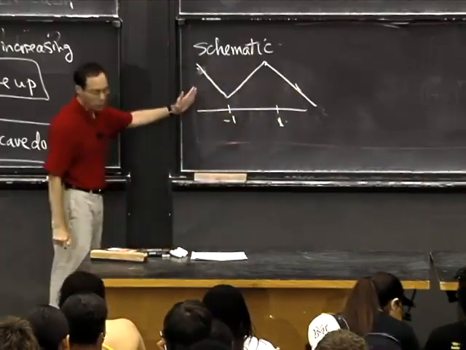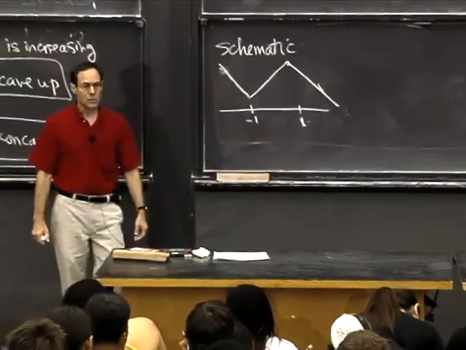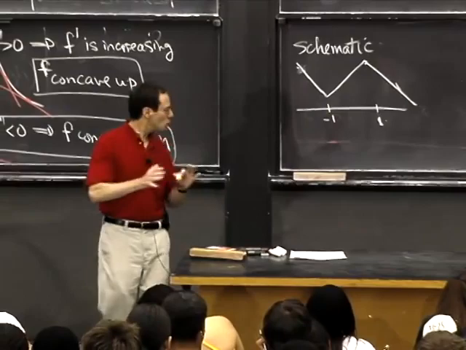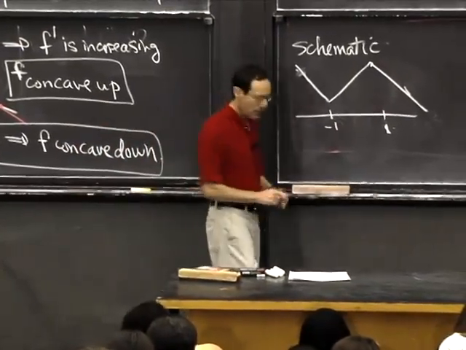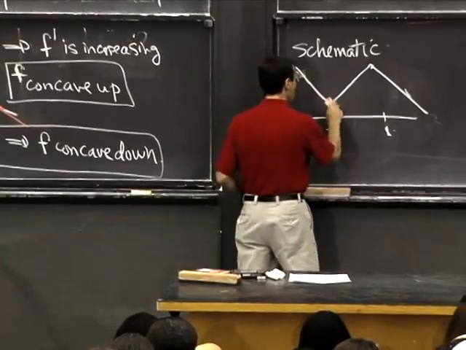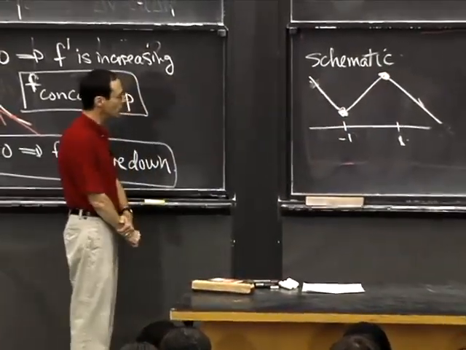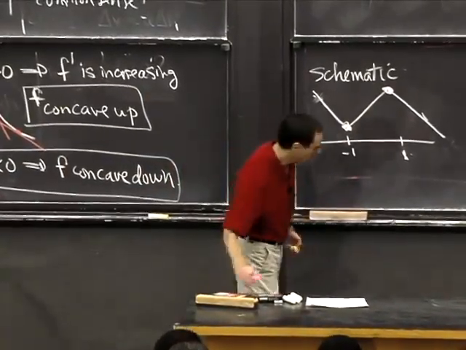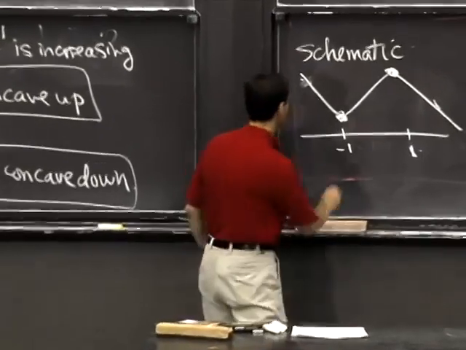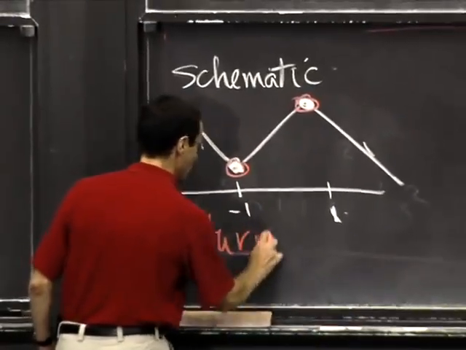That's what it looks like. So this is the kind of information we can get right off the bat. And you notice immediately that the key features of the function that we see here are these two places. Maybe I'll even mark them like this. And these things are turning points.